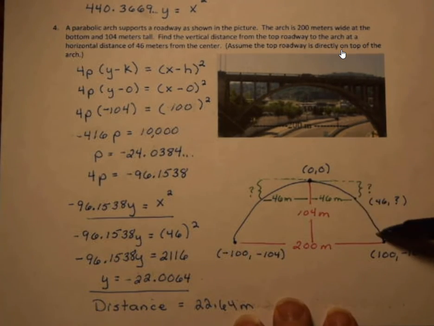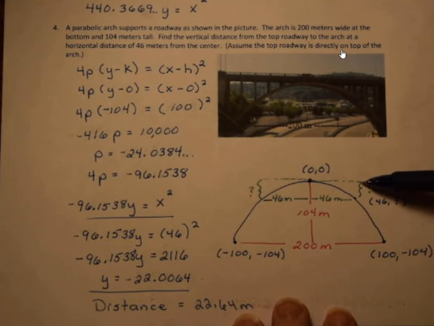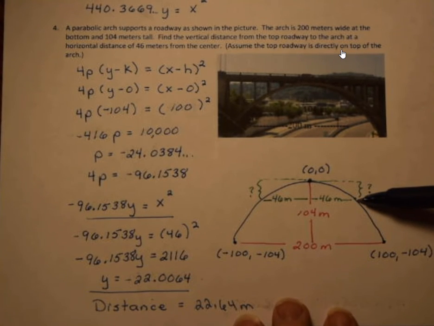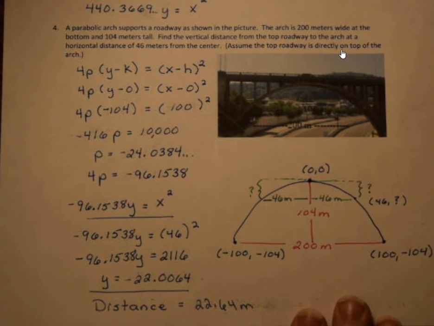Well, remember our x-axis was here, and so we would go down 22.0064 meters to get to this point. So that means that this distance would be a positive 22.0064 meters, because distances are always positive.